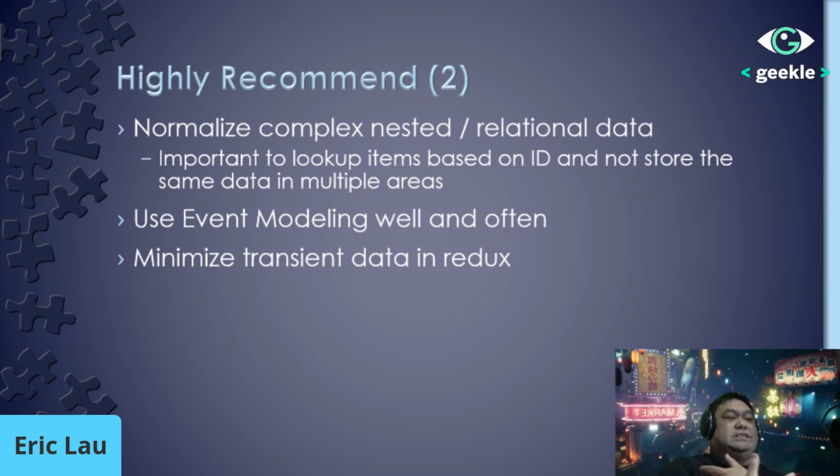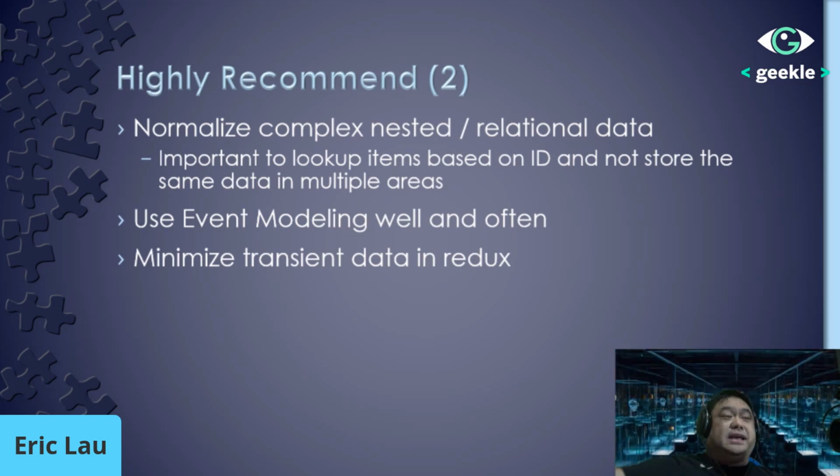Instead, I have a separate property at the top layer, like selected items. Let's say your domain is a contact: you select the contact, and I just list the IDs. That makes it, first of all, easier to not worry about immutability issues, but it's also cleaner, because you know exactly what data you need. You're separating the data you need for the UI as opposed to data that's coming from the API, for example.